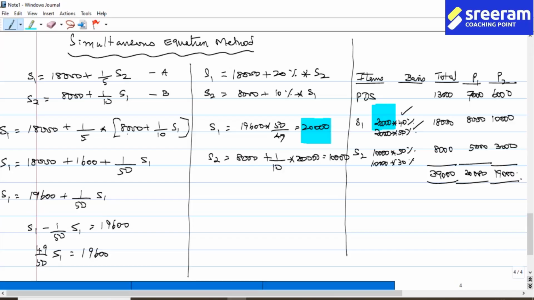So I have communicated to you how the computation is made. This 10,000 only I am using. And it is not 5:3. It is 50% and 30%. And it is not 4:5 I am doing. It is 40% and 50% I am doing. And that is the way the individual distribution to P1 and P2 exactly matches.